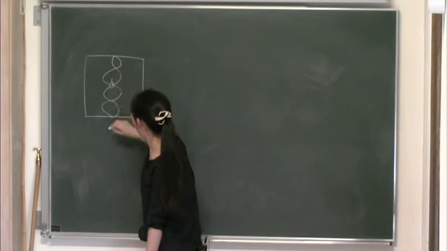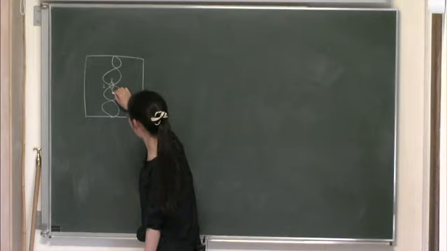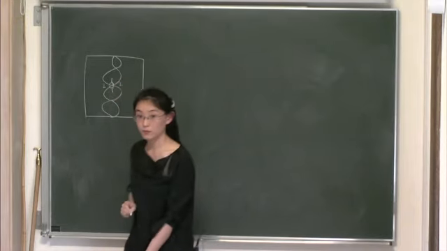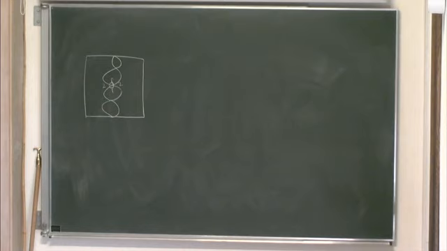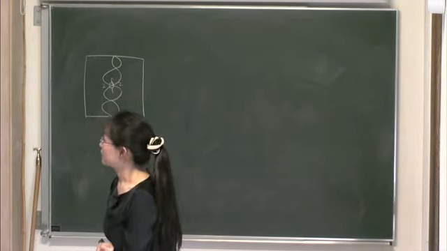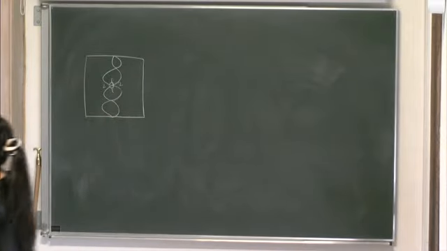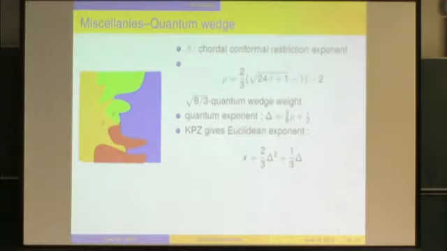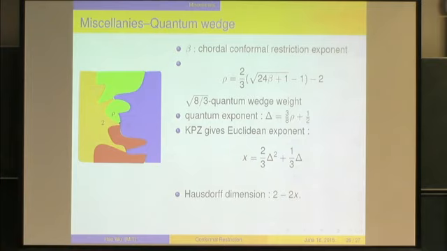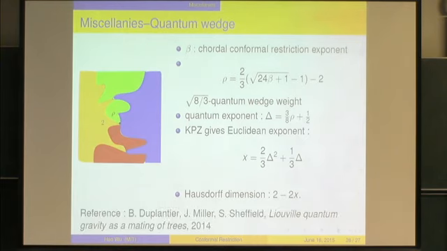This one has weight rho, this one has weight 2, this one has weight rho, and this one has weight 2, as in the picture I drew. This tells us a relation between the quantum wedge weight and the quantum exponent delta. From the KPZ equation, it gives us the Euclidean exponent x. Then 2 minus 2x should be the Hausdorff dimension of the cut points. In fact, it is exactly the same as our proof on the previous page. This is from the work by Duplantier, Miller, and Sheffield.